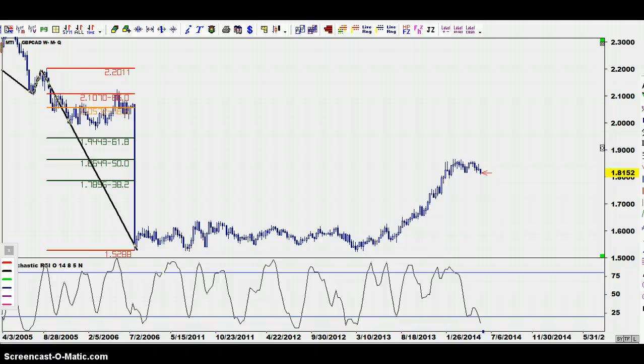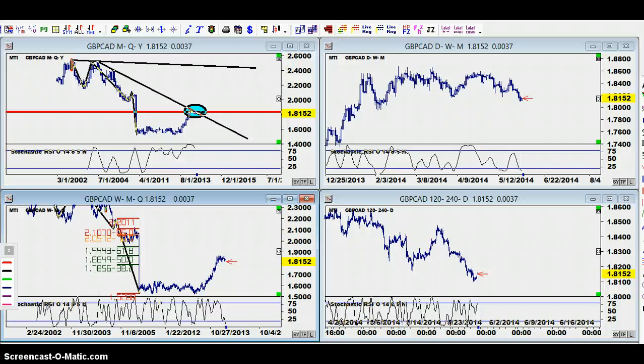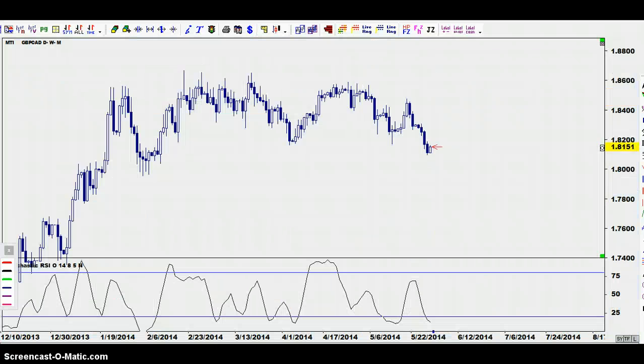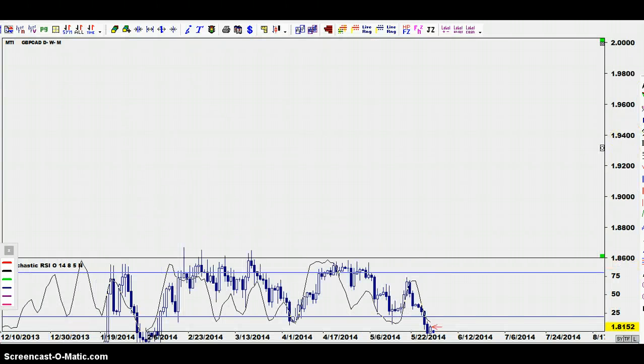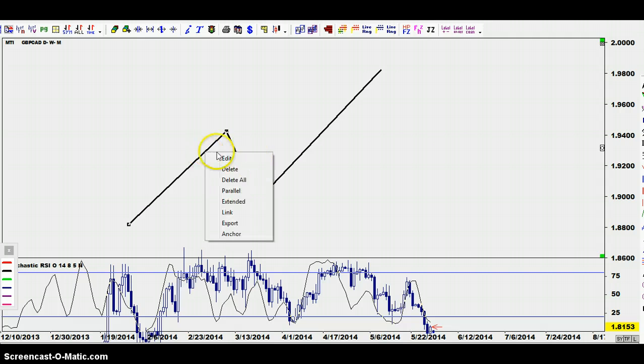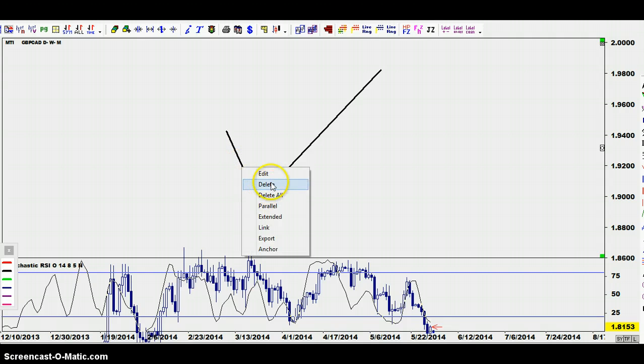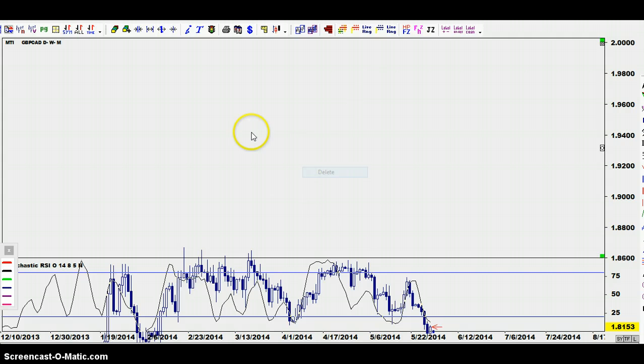So what we're going to do is move on to the smaller charts, and guys, if you're not sure about it, here's what you need to see. This is a bigger chart. Well, let's take these off. All right.